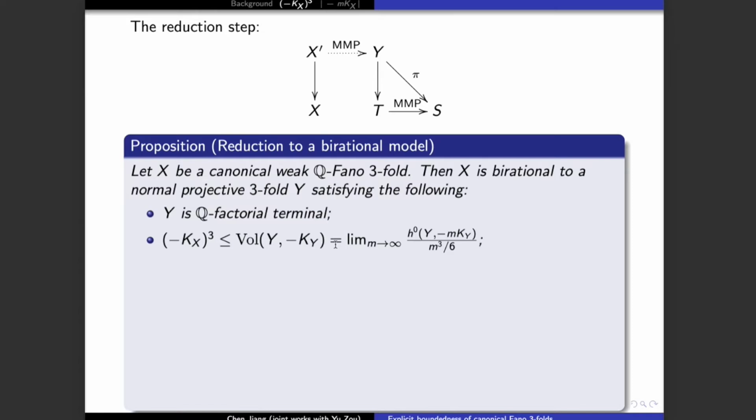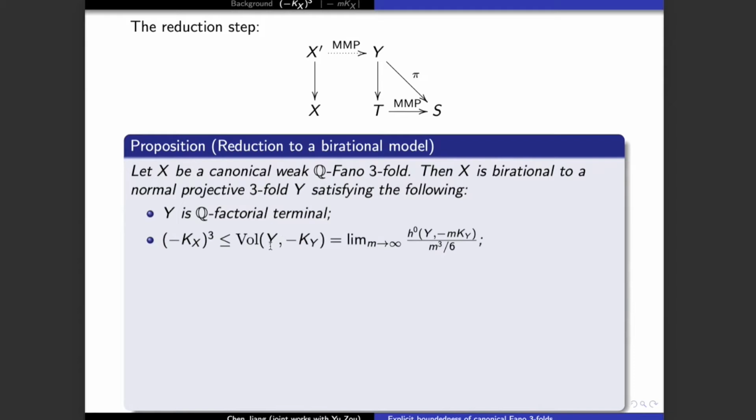Here Y is not necessarily Fano, so we use the volume of the divisor instead of the self-intersection number. But anyway, we get some control of the volume.